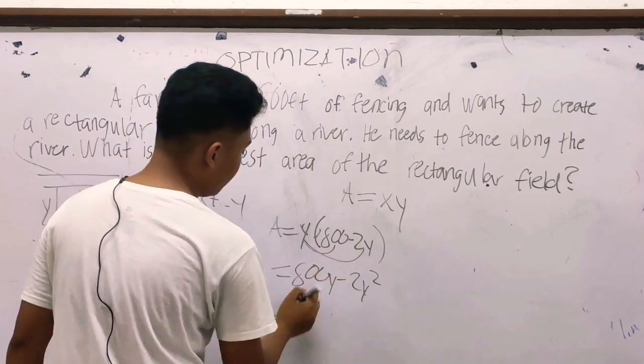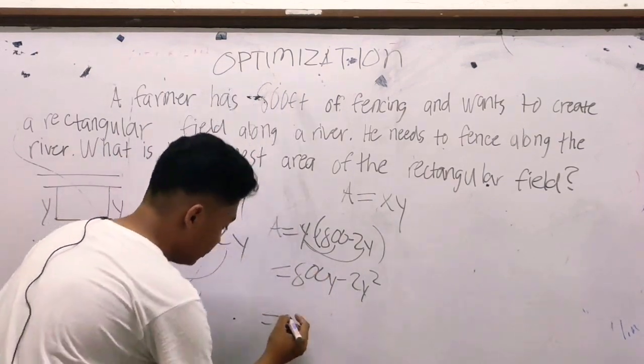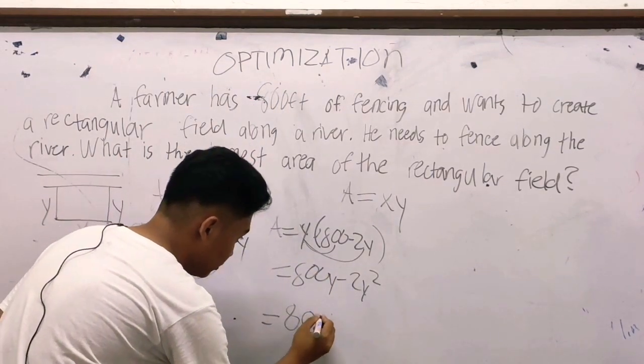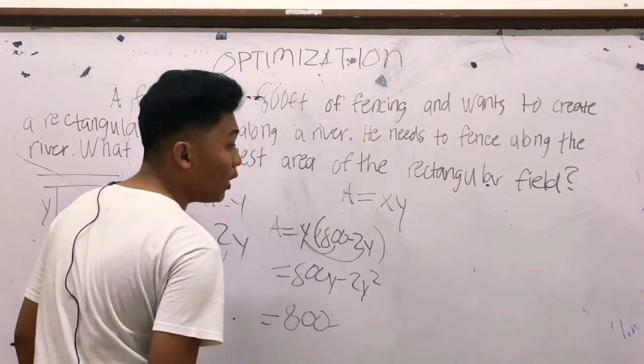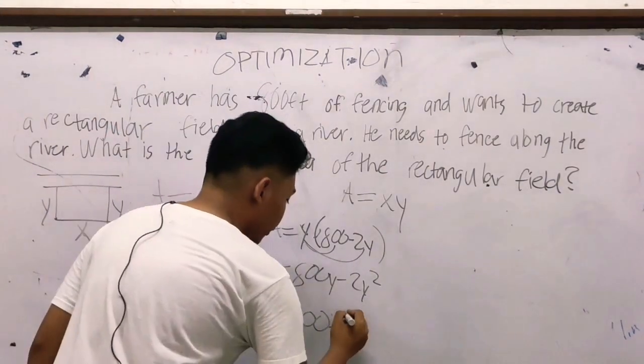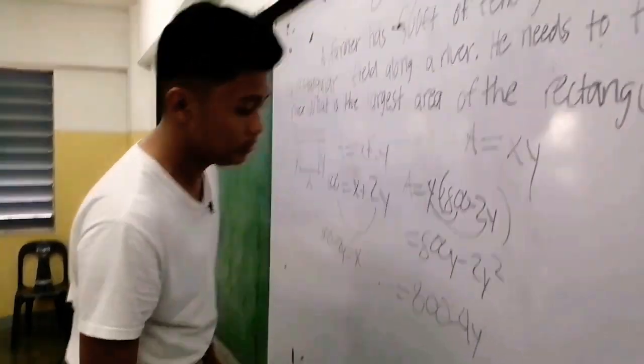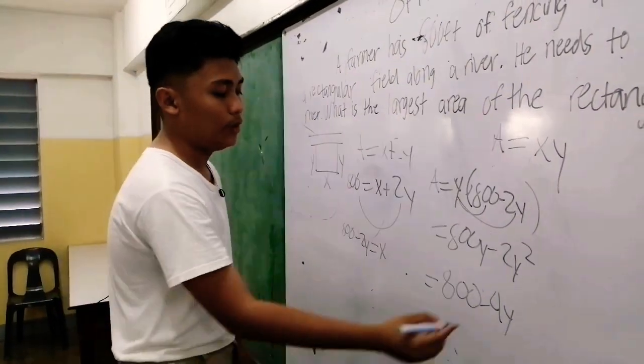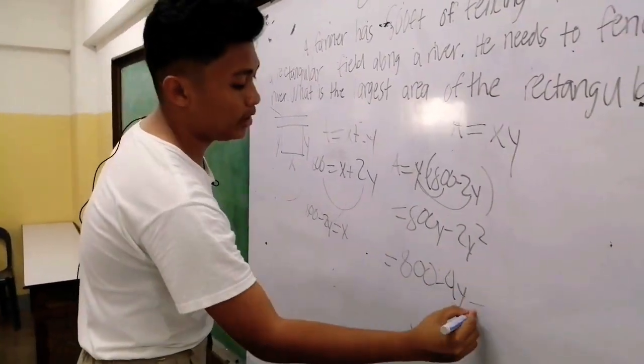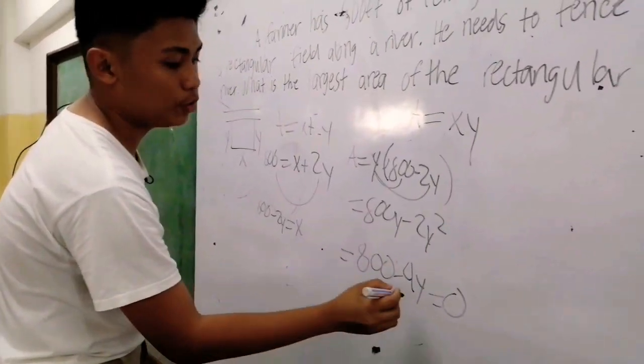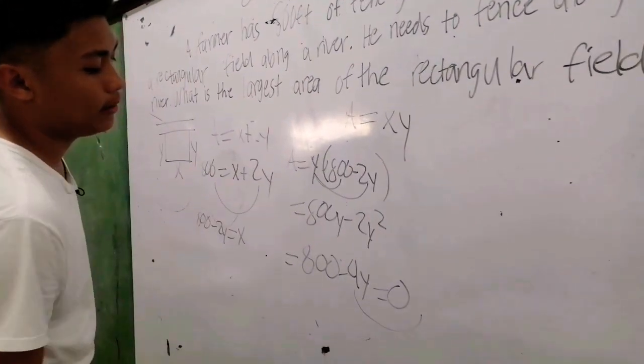So the derivative of 800y is equal to 800. The derivative of 2y squared is equal to 4y. Is that clear, Ramon? And now we have to equate it with 0. And we have to transfer the 4y to the other side.